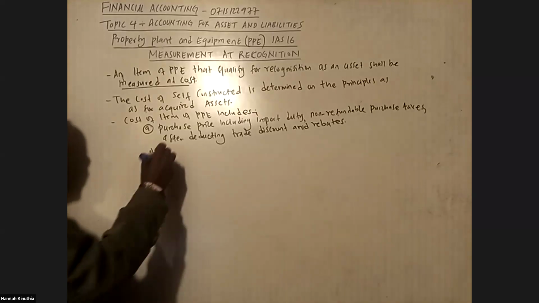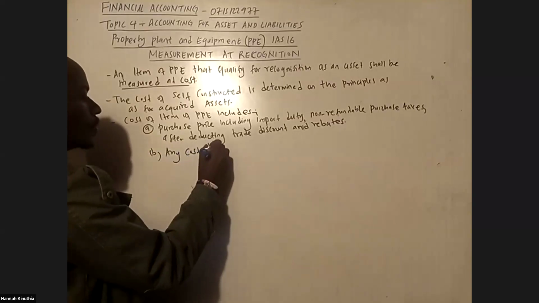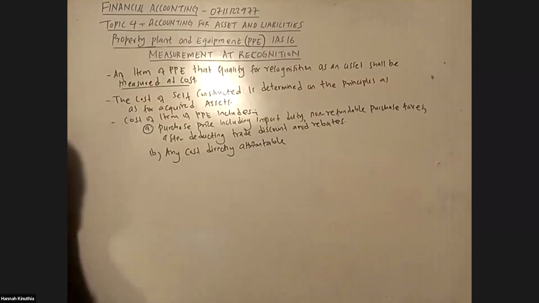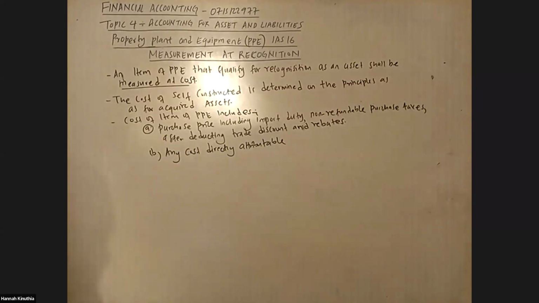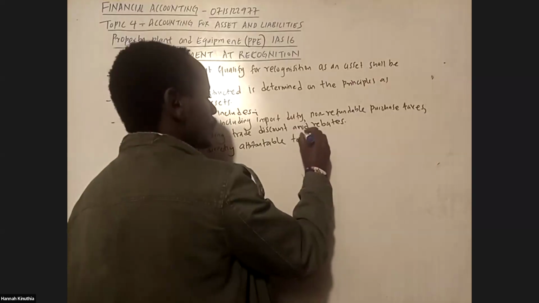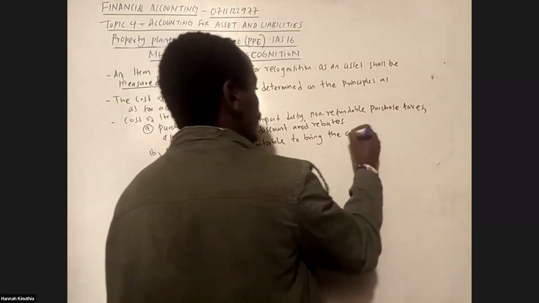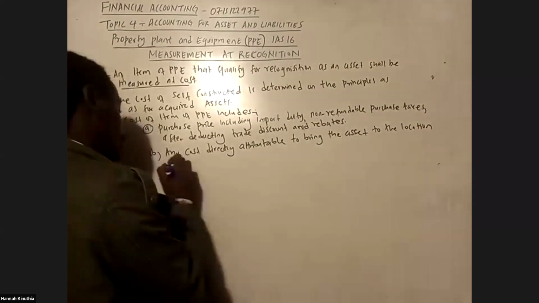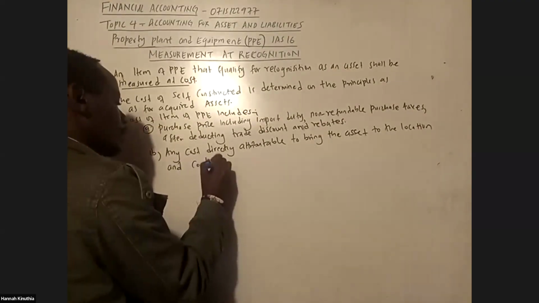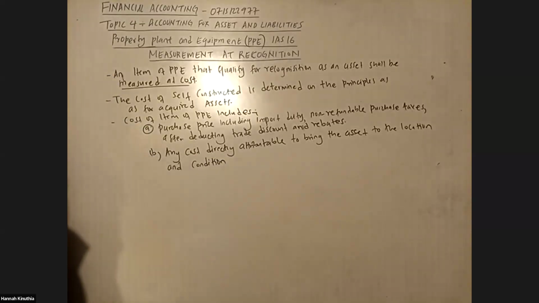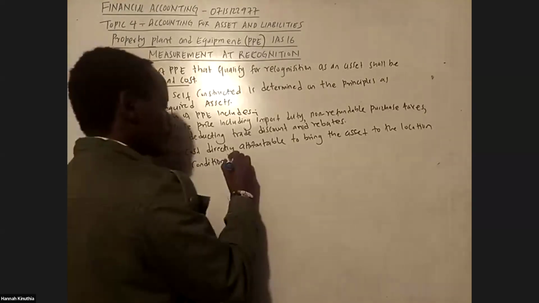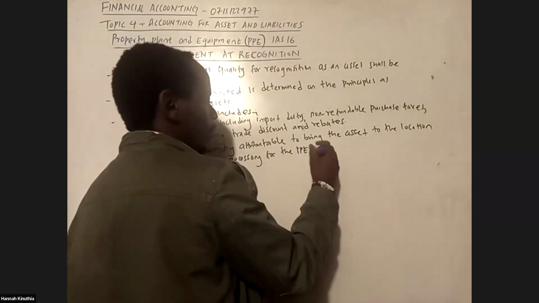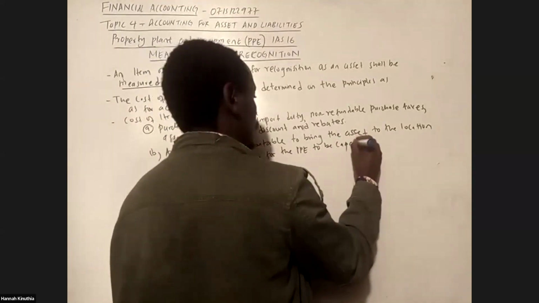Then any cost directly attributable to bring the asset to the location and condition necessary for the asset, the PPE, to be capable of operating.